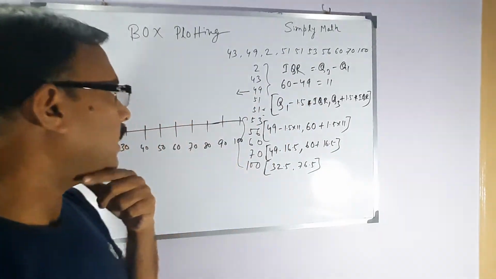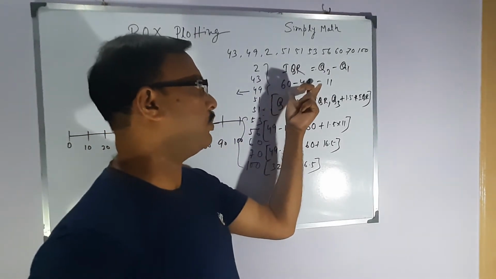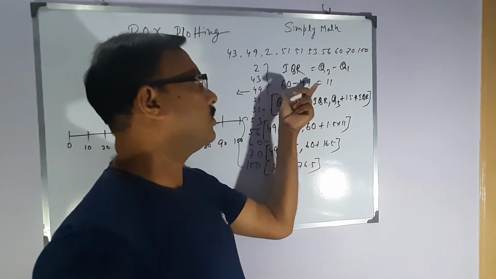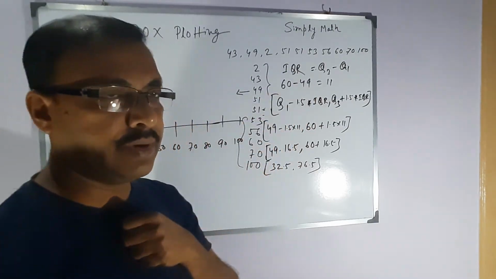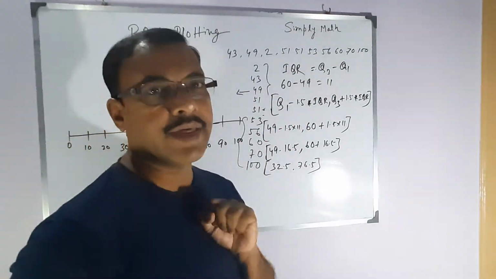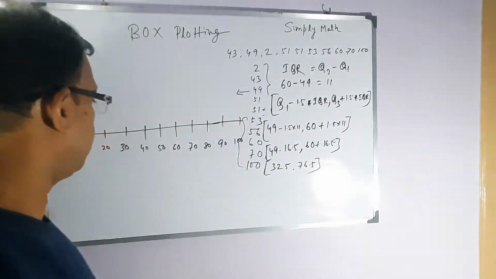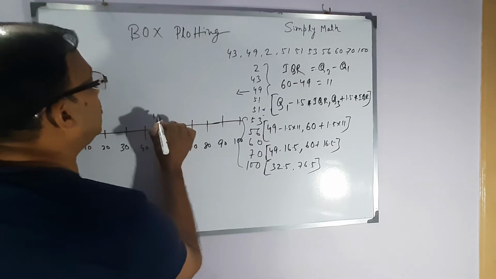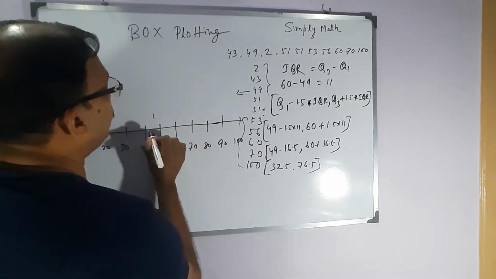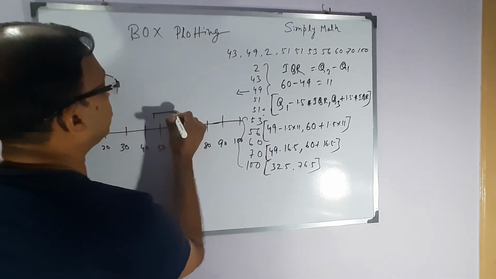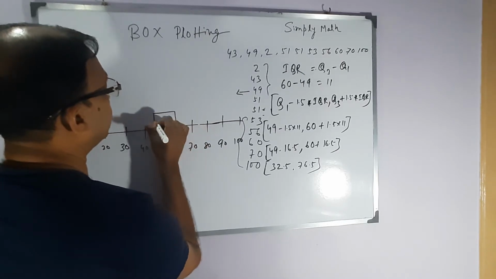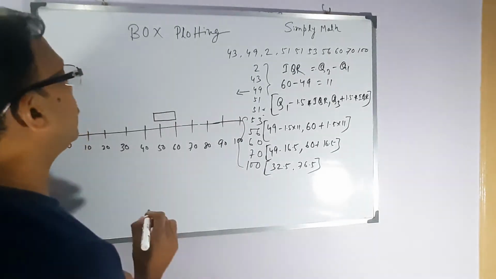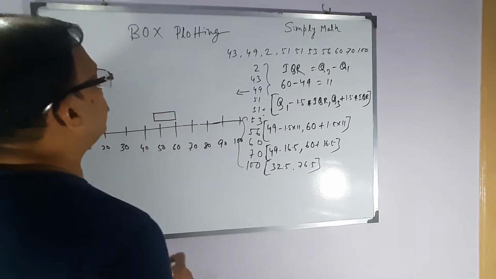Right? Interquartile range is a very important part in your outlier calculation. So 49 is my minimum and 60 is my maximum interquartile. So 49, that means here, and from 49 to 60, that means here. This is my 49 and 60.